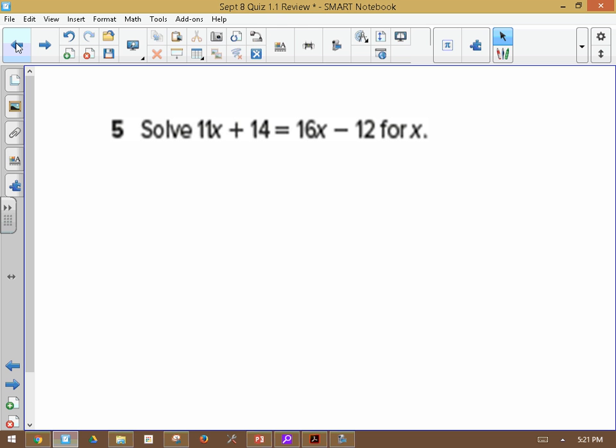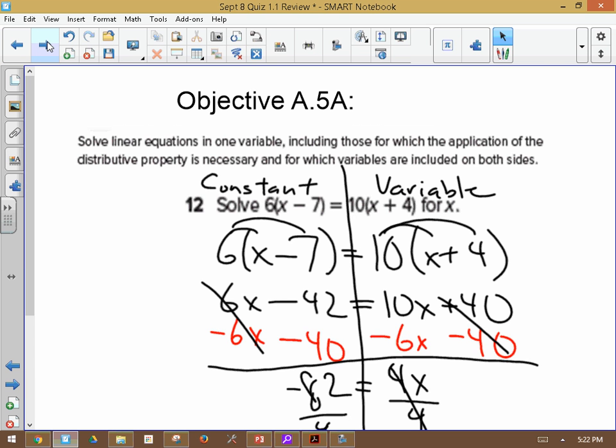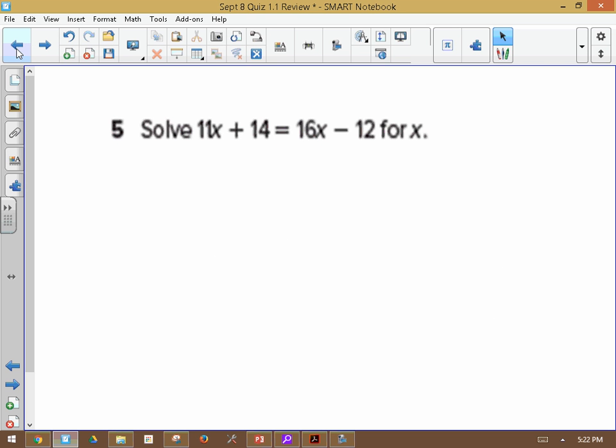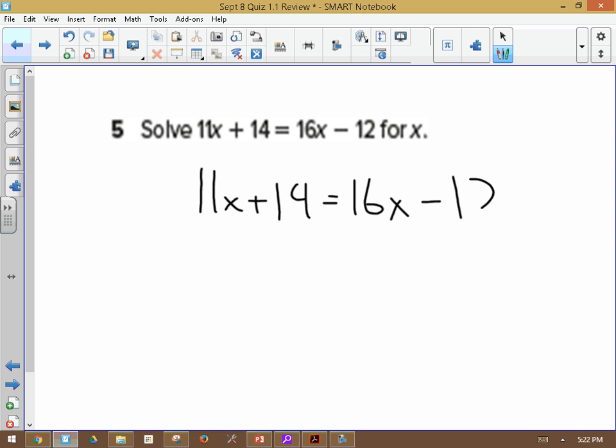Let's look at this one. Yes, this one. And let's do exactly the same thing. Let's rewrite the problem. There are no distributors. Notice that we don't have the distributive property.